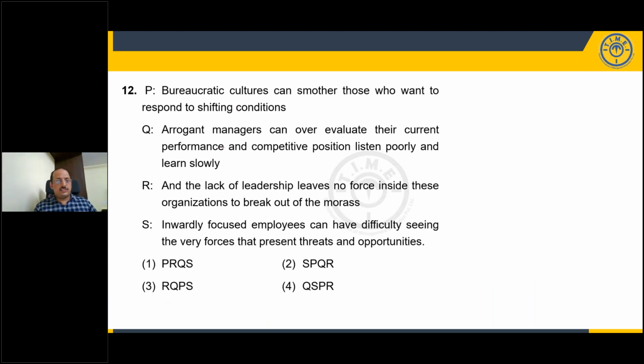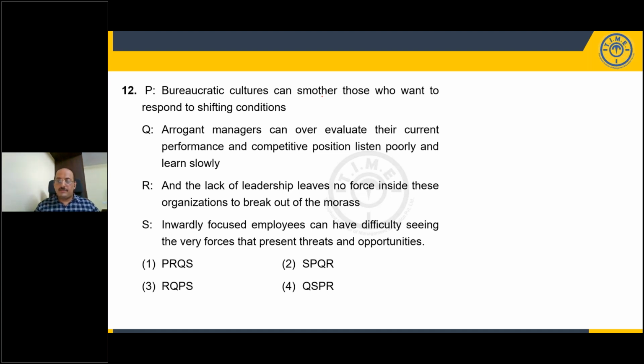Bureaucratic cultures can smother, means overpower or restrict, those who want to respond to shifting conditions. So if I have a bureaucratic culture, it can restrict people who want to respond to shifting conditions. Arrogant managers can over-evaluate their current performance and competitive position, listen poorly and learn slowly.